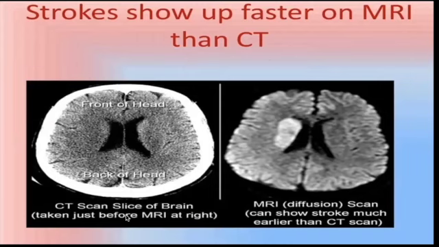You can see this is a CT scan of a brain, and as you look, there's nothing wrong with it. But this is the exact same patient with an MRI taken, and if you look at the MRI here, you can easily start to identify the stroke on the patient. So the take-home message is that a stroke would show much earlier on an MRI than on a CT.